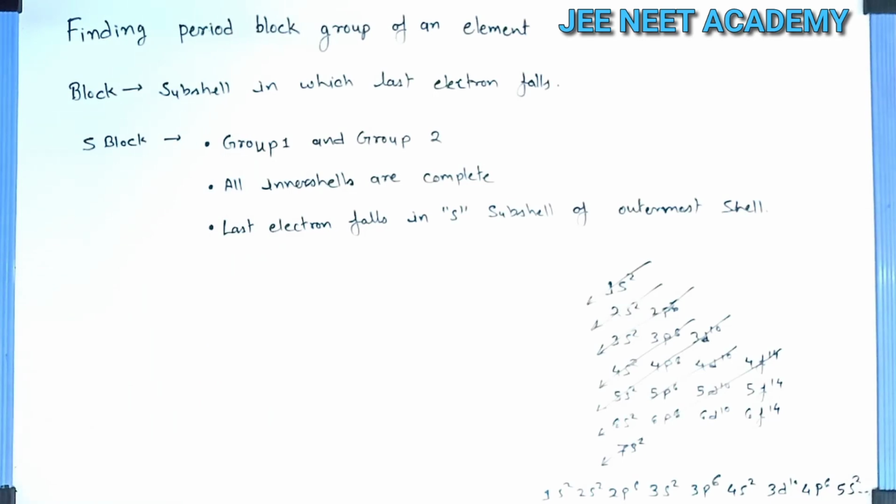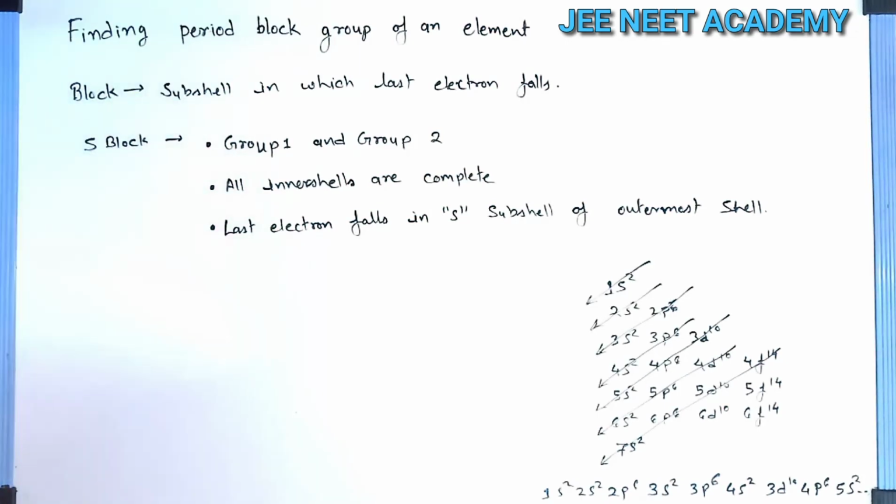This is how you have to fill the electrons. So if the electron is in the last s subshell, then that element will be called an s block element. If the electron is in 1s or 2s or 3s or 4s, then that element is an s block element.